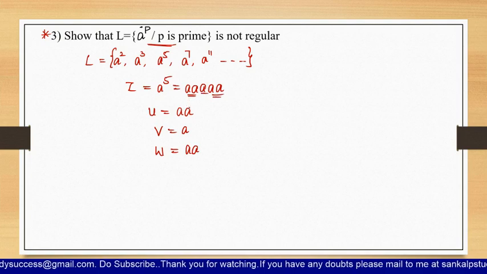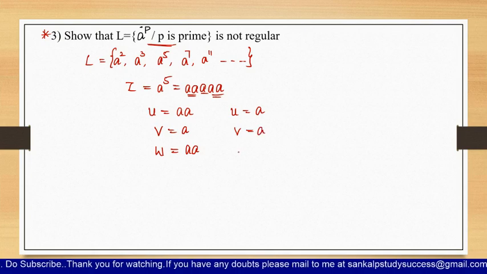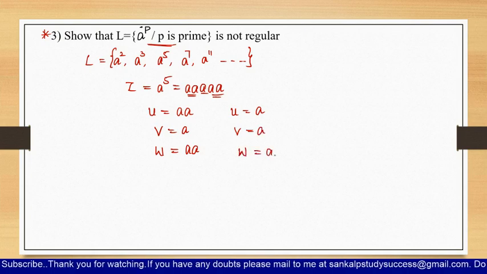Or you can consider u as the first a, v as the next 2 a's and w as the last 2 a's. Or you can consider u as a single a, v as a single a and w as triple a. So we can consider any one of the ways.